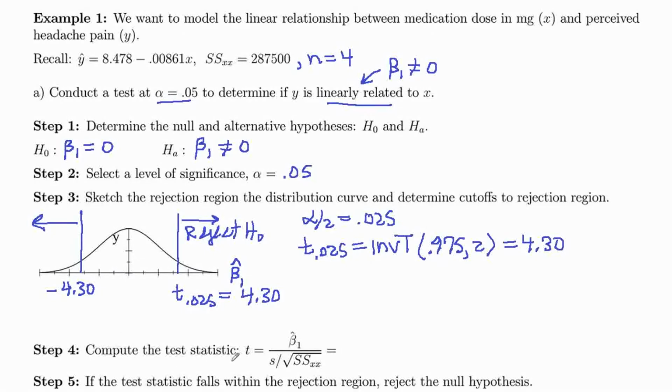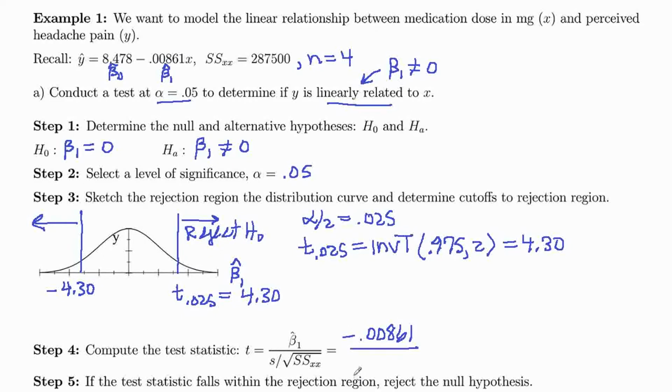Now we compute our test statistic, which is going to be the value for beta 1 hat. Remember, this is beta 0 hat and beta 1 hat. So beta 1 hat, the slope there, so negative 0.00861.